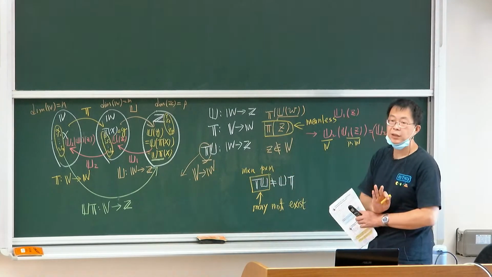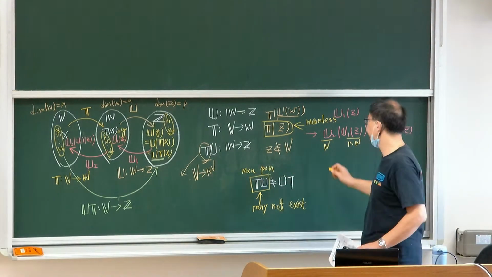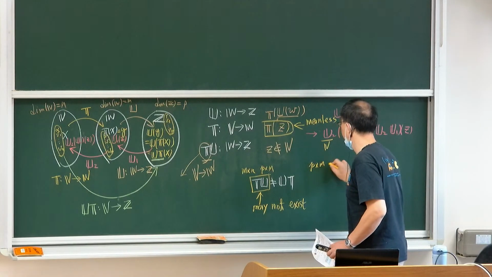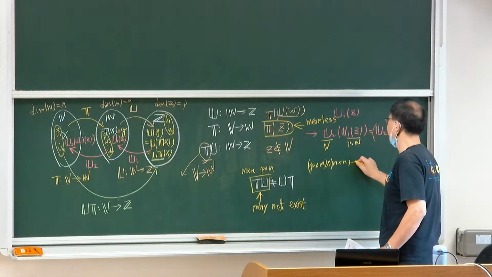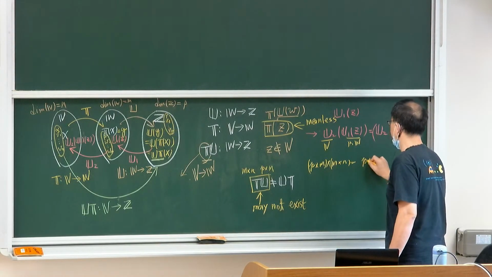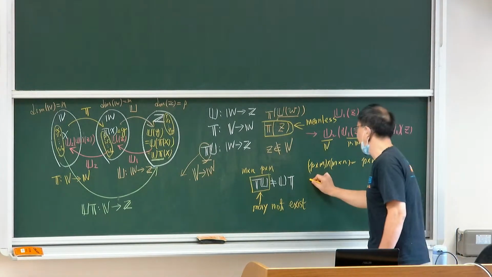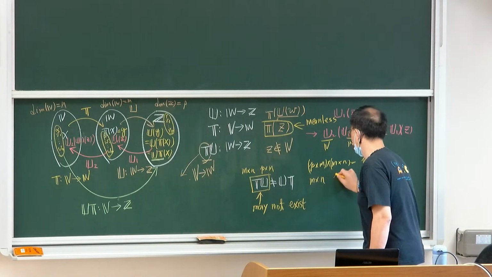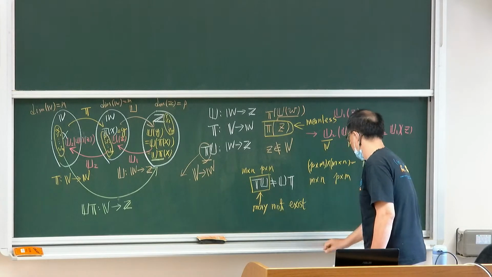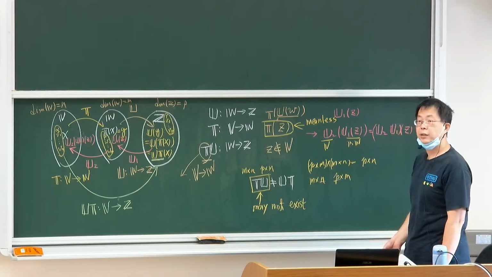We can have P by M, M by N, so the resulting matrix becomes P by N. But if I have M by N and P by M, it doesn't match each other.